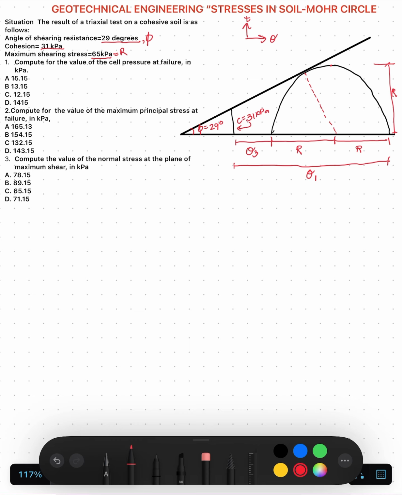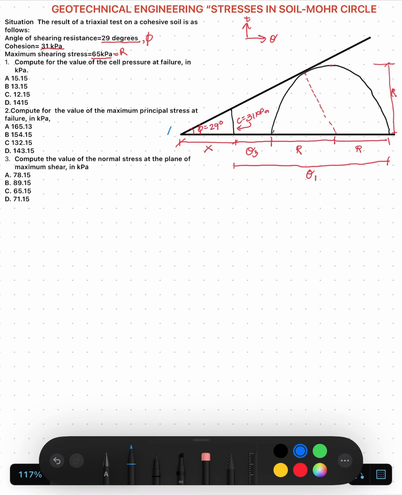Next, for ease of solution, we'll just give a value here and set that one as our x. We will also assign points within the Mohr circle so that we will have an organized solution.